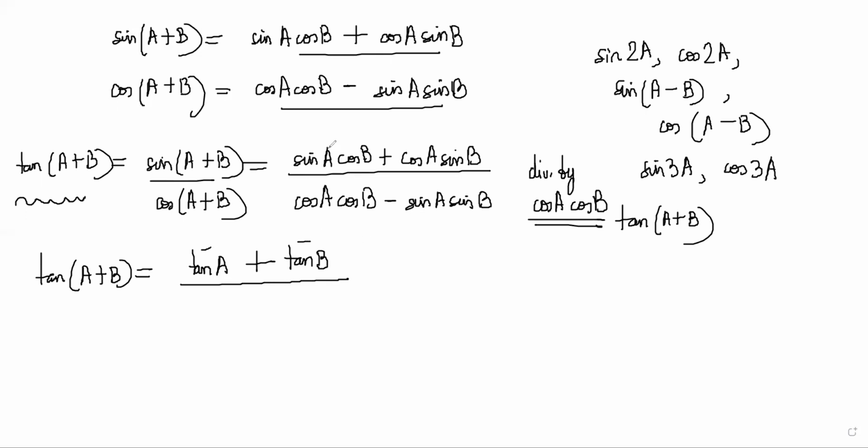Because cos B will cancel in this one, it becomes sin A by cos A. And in this one cos A will cancel and it becomes sin B by cos B. And if I have divided the numerator by something, I have to divide the denominator by the same thing. So I have to divide this denominator by cos A cos B. So the denominator becomes 1 minus tan A tan B.